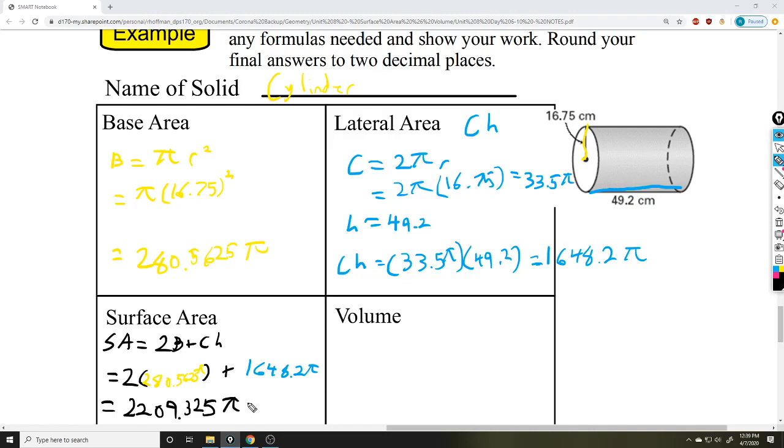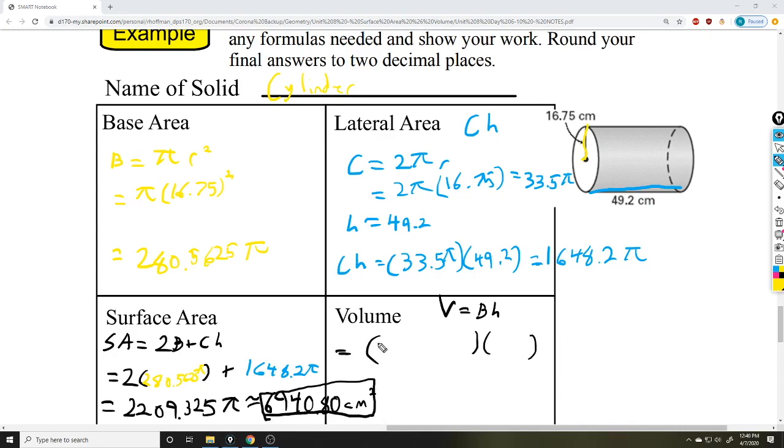Work this out, and here's your final answer in terms of pi. And then if you multiply that number by pi, you get 6,940.80. And our units are going to be in centimeters squared because it's an area. So there's your answer in terms of pi. And then here's the answer with pi multiplied out. That's our final answer for surface area.